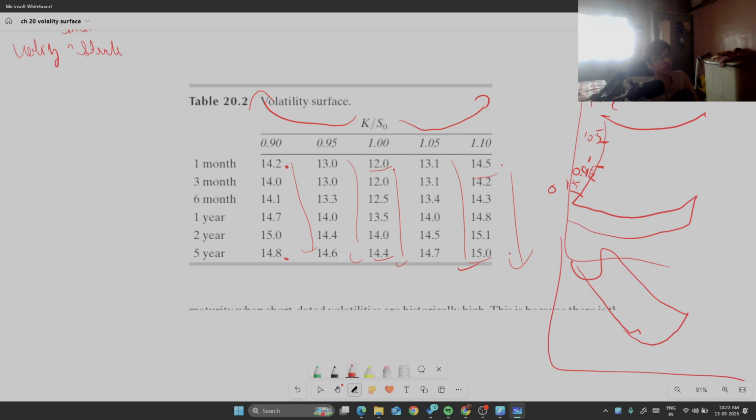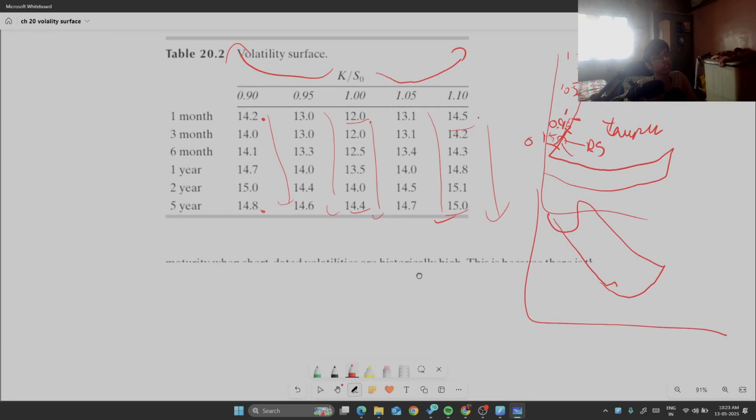To create a smooth surface, we will use the BS formula for this strike price and interpolate the values. So interpolation is used to create a smooth surface. We have a finite number of market observed data, so to create a surface from it, we use the BS formula, and that is one of the major uses of the BS formula, just to plot the implied volatility surface, to understand how the volatility changes with respect to maturity and help us in trading decisions.